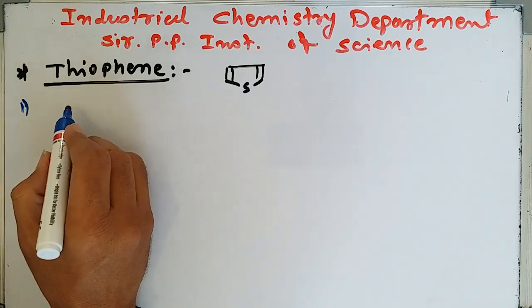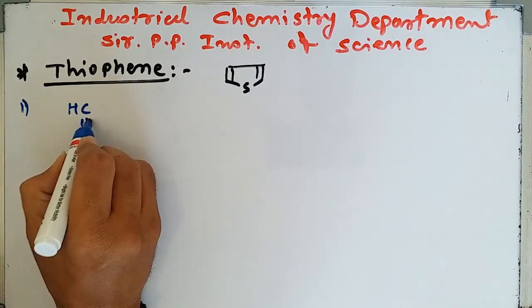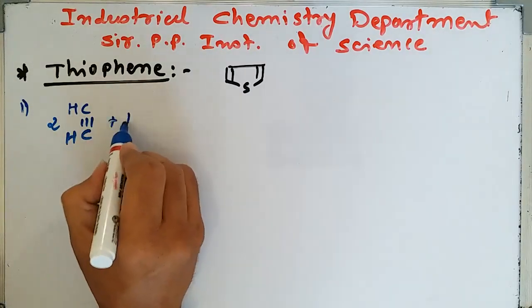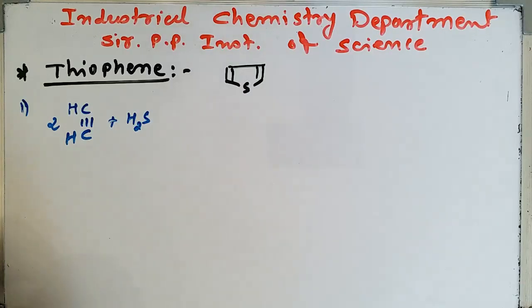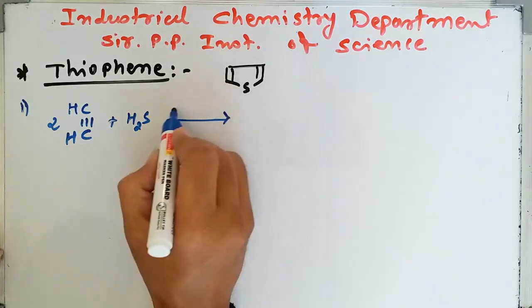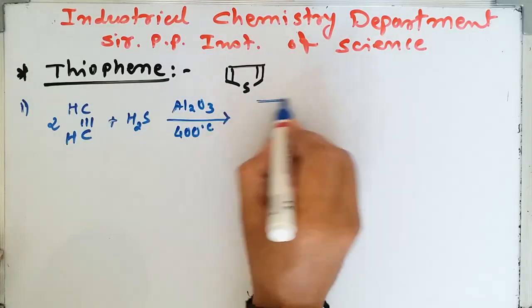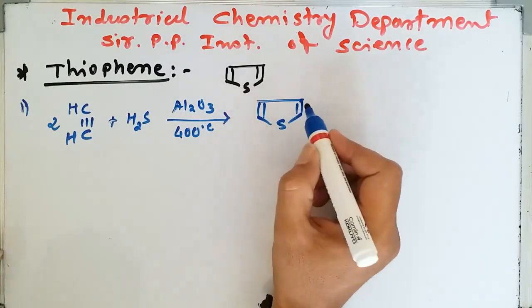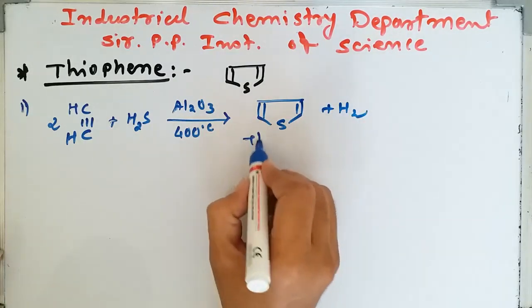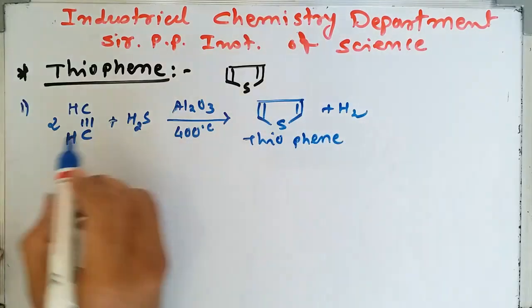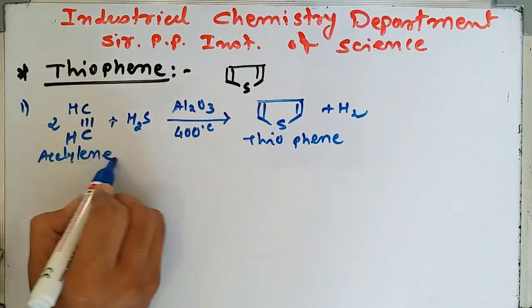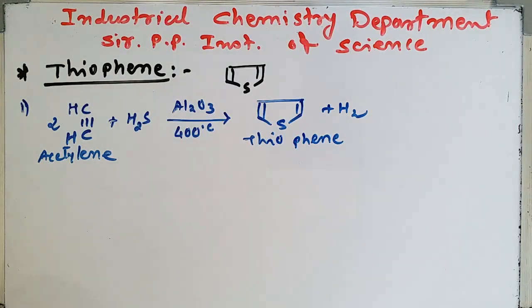First preparation: 2 moles of acetylene, CH triple bond CH, and hydrogen sulfide over alumina, Al2O3, at 400 degrees Celsius convert into thiophene.